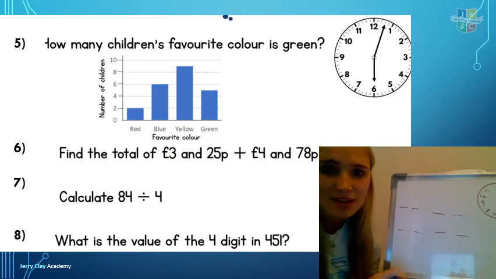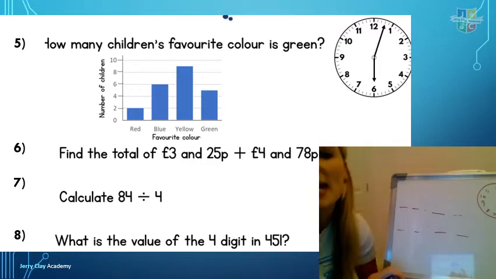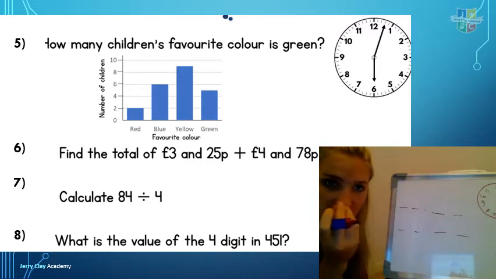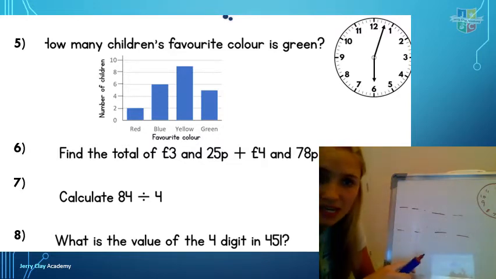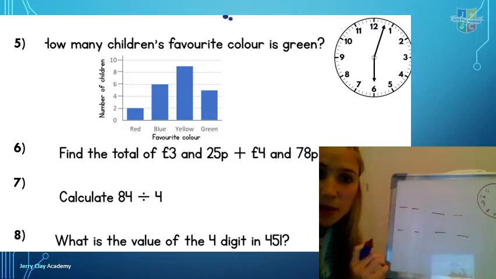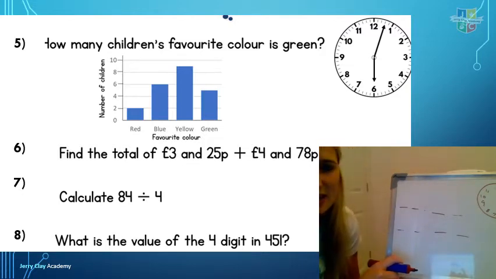Okay, so I'd like you to have a go at doing the clock on this one. Tell me it's a digital clock as AM and PM. Then for number 5, tell me how many children's favourite colour is green. So you're going to need to use your bar graph here to find out. For bonus points, you can tell me how many children like red, blue and yellow. Then for number 6, find the total amount of £3.25 and £4.78.